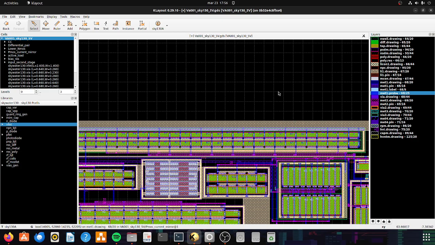This is done in order to compensate for the drop in the gate. So if there is a drop here in the gate, here we'll have the larger drop of the current, so we balance it out and make the currents more even.